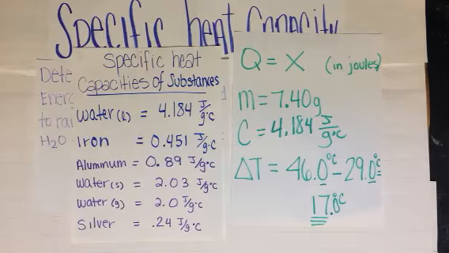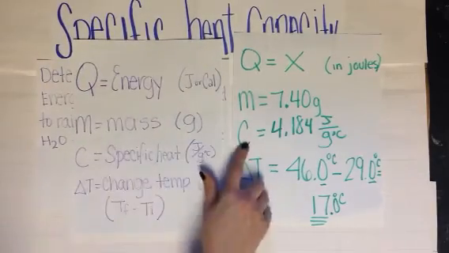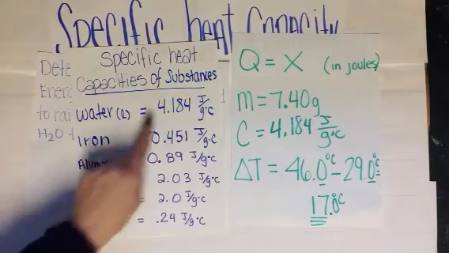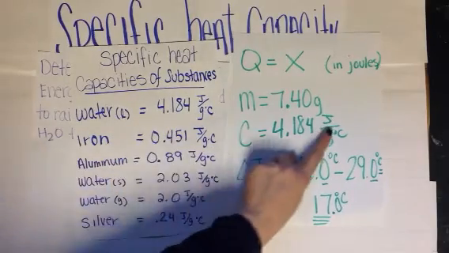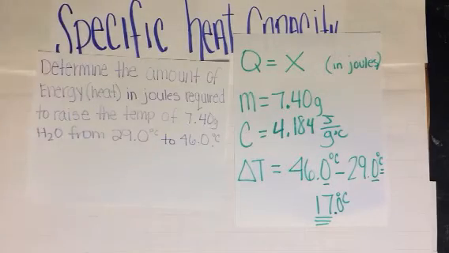C is specific heat capacity. So I find water on the list, and it's 4.184 joules over grams degrees Celsius. That's the unit. I fill that in, and then I do my change in temperature.